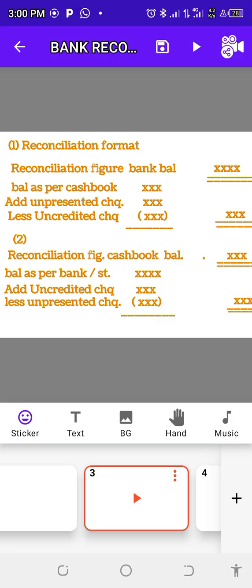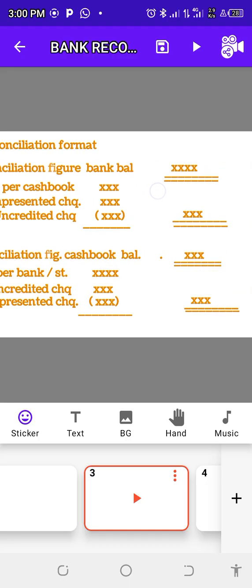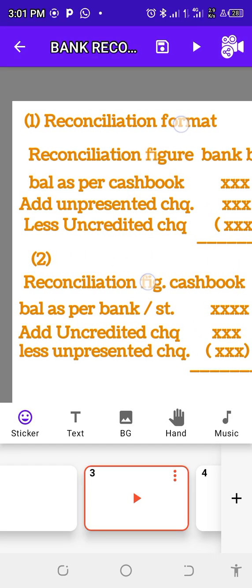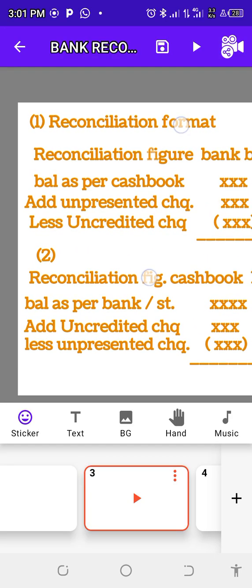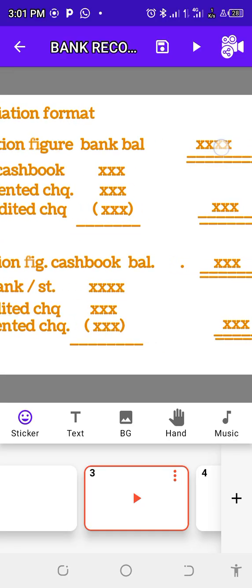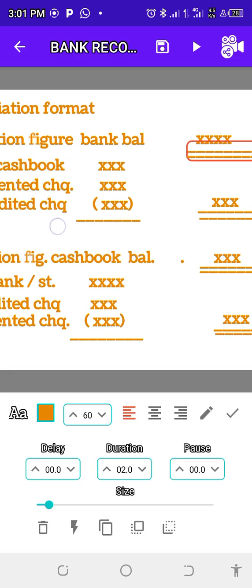This time around we are reconciling the bank balance with the cash balance. So the reconciliation figure must come back first. In this case we are beginning our reconciliation with the balance as per cash book. This is the figure we are reconciling. We are reconciling the cash book with the bank balance. And so this is the format.